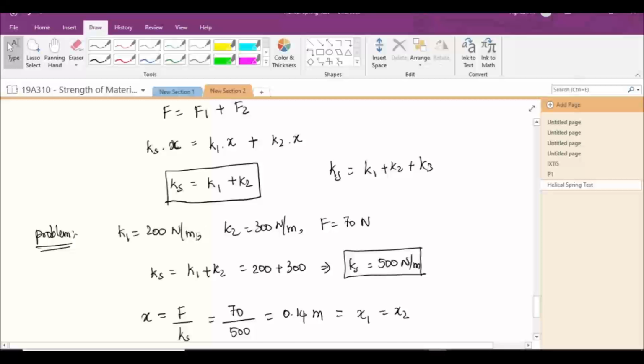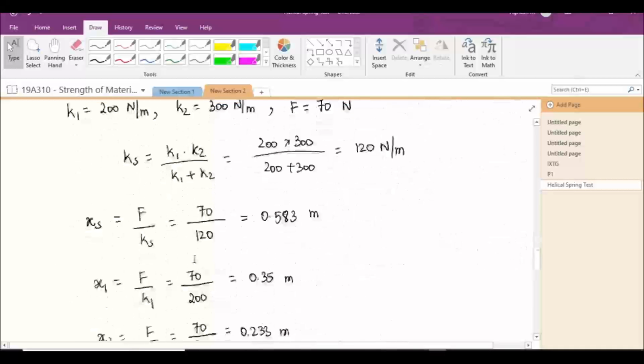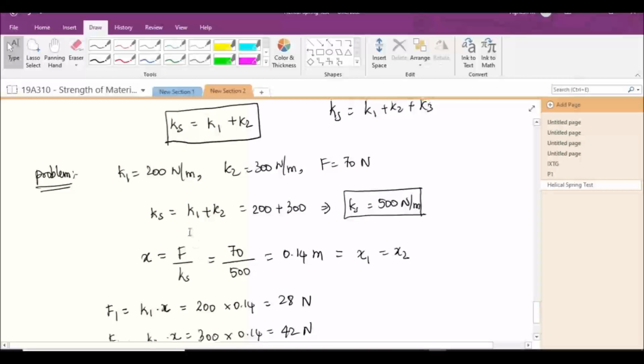Previously it was kept in series condition, now it is going to be connected in parallel condition, and a 70 Newton force has been applied. Now the total or system stiffness is going to be k1 plus k2 when kept in parallel. So 200 plus 300, which is 500.